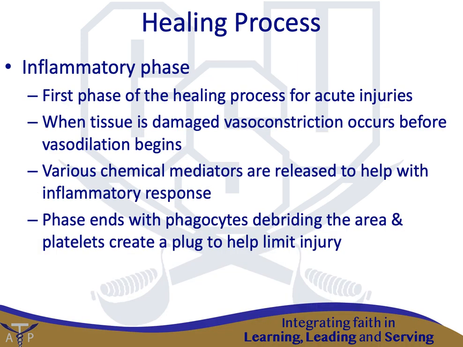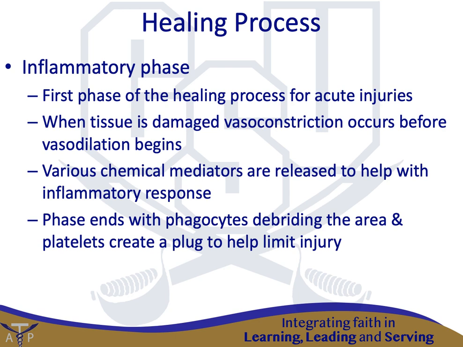The inflammatory phase is the first phase of the healing process for acute injuries. It begins at the time of injury and can take up to 4 days to complete. Typically, this concludes around 2 to 3 days. When a tissue is damaged, immediately after its damage, vasoconstriction occurs. After vasoconstriction, vasodilation occurs.